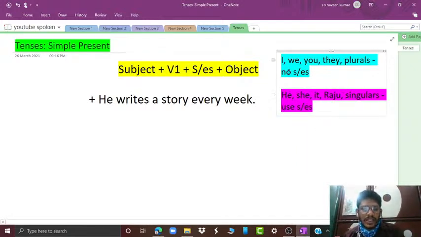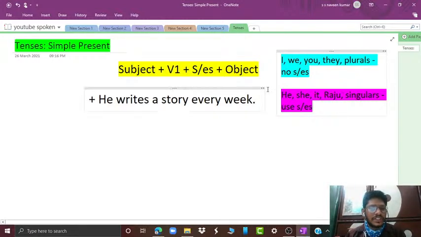So here in blue color, whatever the verbs are there we use no S or ES, and the pink color subjects that we marked in the second thing, such type of subjects we use S or ES. So basing on that, we have to decide whether we have to take S or ES or not.